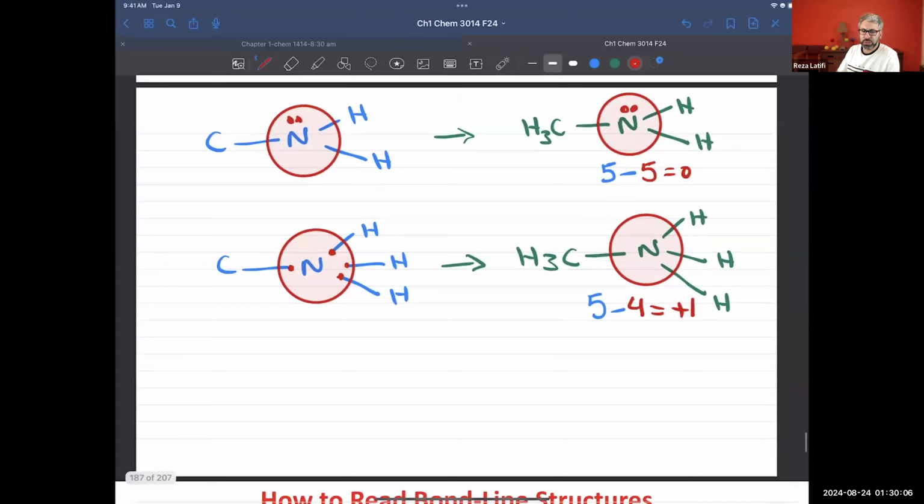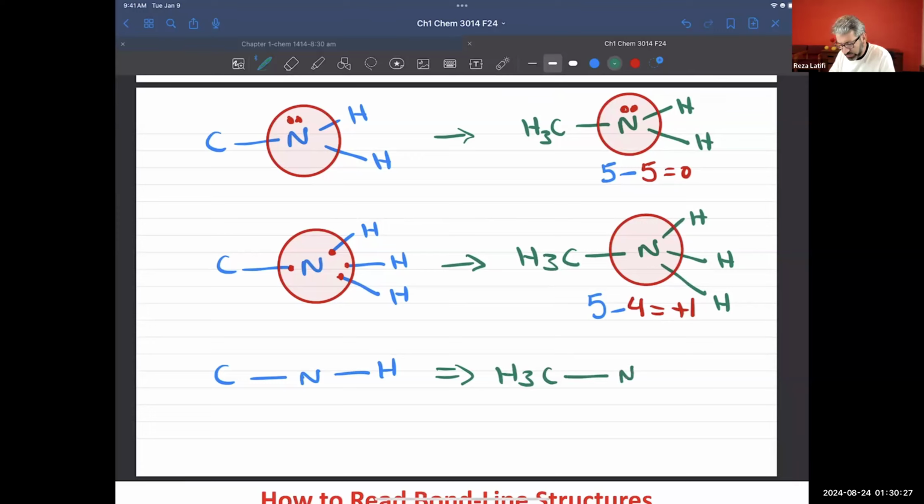How about this? Carbon attached to nitrogen, and we have only 1 hydrogen on nitrogen. In that case, this is equal to H3C, and then we have nitrogen, and we have a hydrogen here.